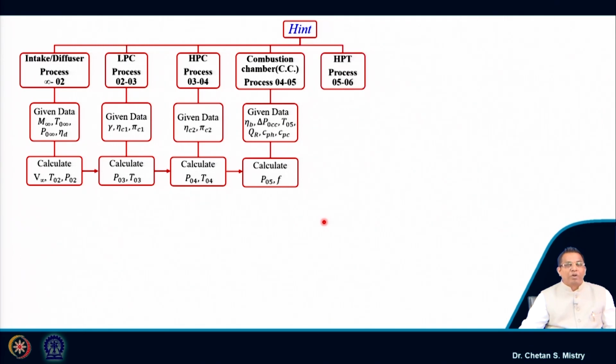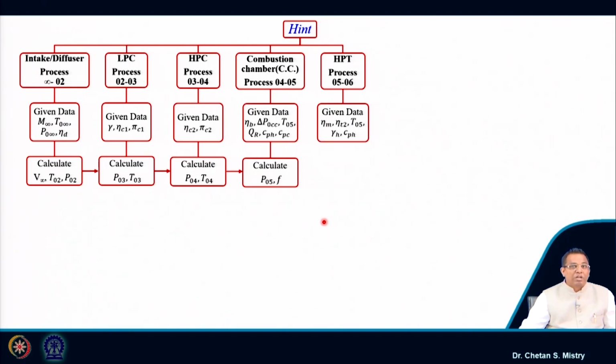The component we have next is my HP turbine, that is represented by process 05 to 06. For this HP turbine also we know what is the mechanical efficiency, turbine efficiency, and what will be my turbine entry temperature. Now, in terms of mechanical efficiency, again and again we are putting the range in terms of 75% to 85%.